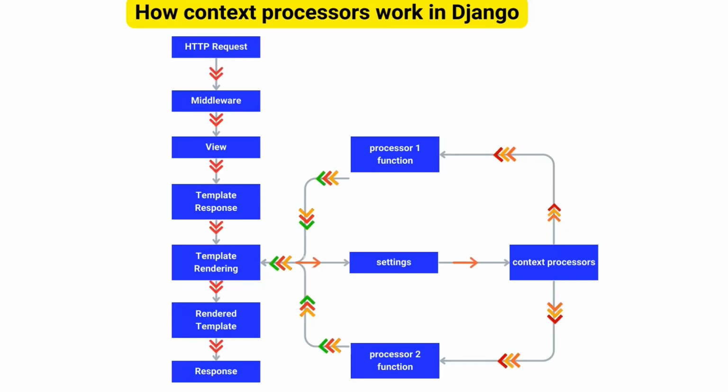As the template is rendered, Django looks for context processors that have been defined in your application settings. For each context processor that is found, Django calls the associated function and adds the returned dictionary of variables to the template context. This means that once the template has been rendered, all of the variables that have been added by context processors are available to the template.